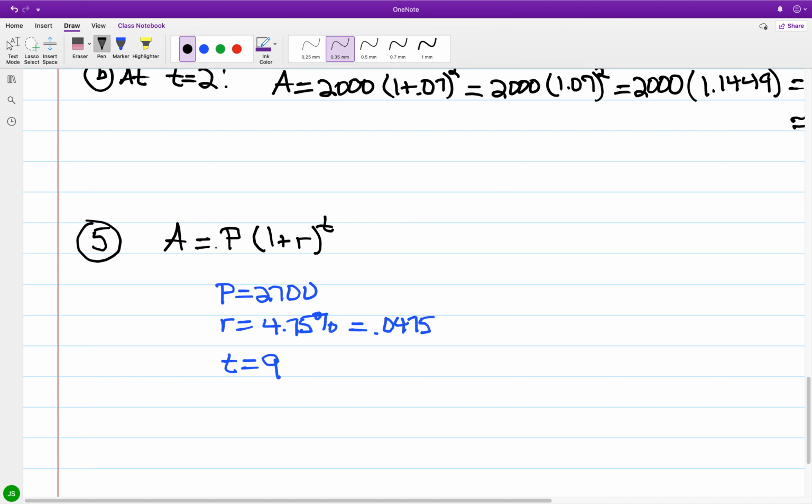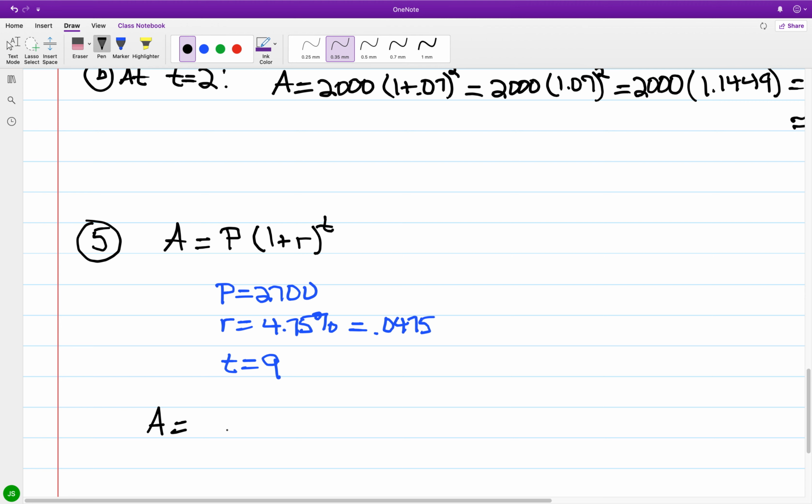A is equal to P times the quantity of 1 plus R raised to the T degree. The principal is $2,700, and for the rate we have 4.75%, which as a decimal is 0.0475, and we're looking at the future value after 9 years.